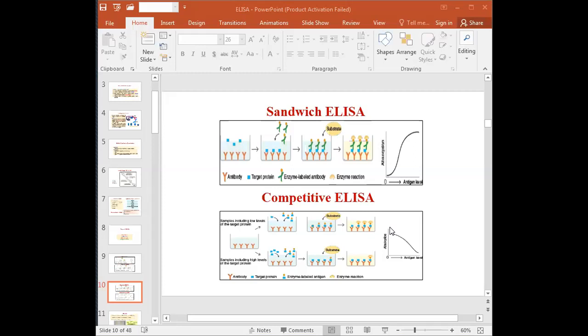So this result shows us that there is competition between the two types of antigen, and that is why we are getting this type of data.